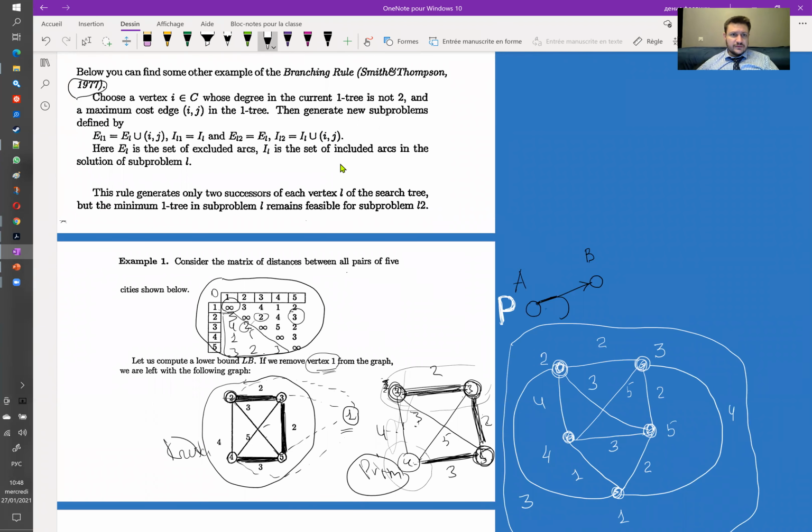In this variant, when we exclude 5-3, it means that these 2 values become infinity. So we solve the same problem, but we didn't allow this.